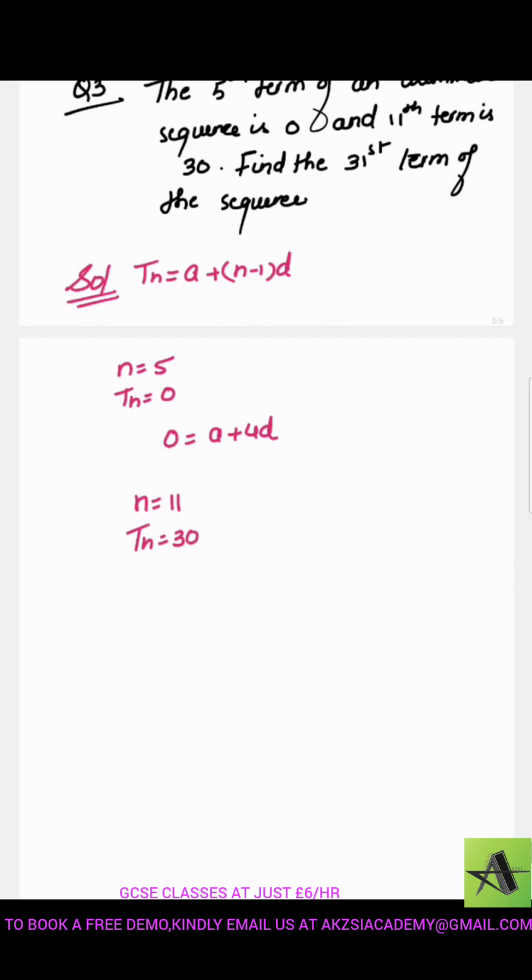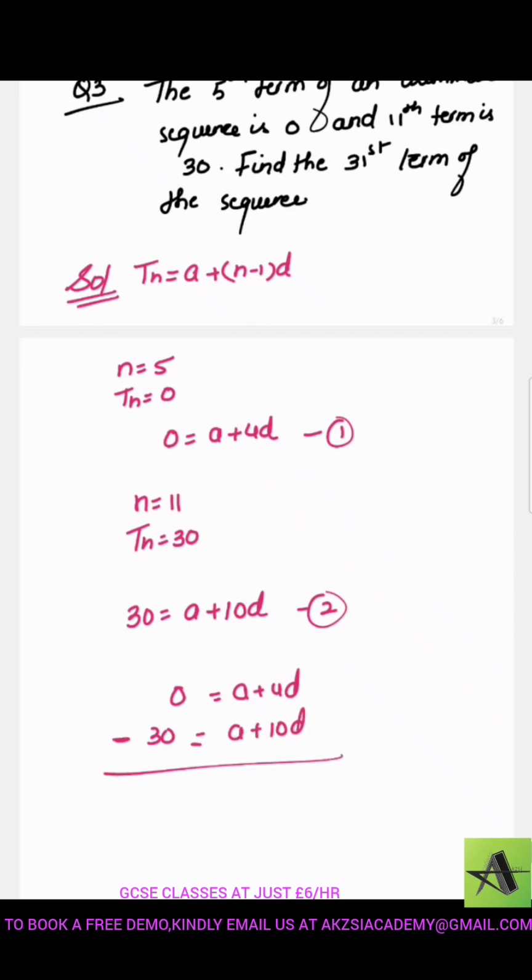So again, substituting this in the formula, we'll get 30 is equal to a plus 11 minus 1, that is 10 times d. I have two simultaneous equations that I have to solve. It's a very simple simultaneous equation. Let me solve by the elimination method. So this is 0 equals a plus 4d, and 30 is equal to a plus 10d.